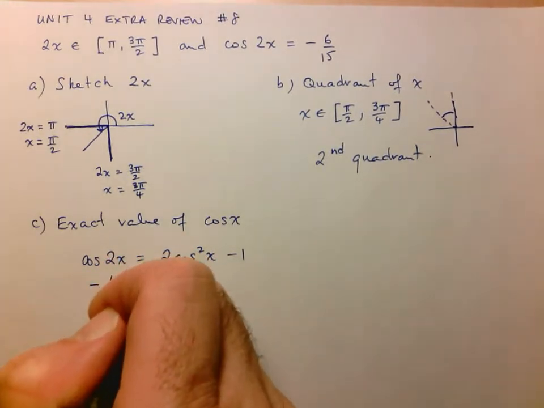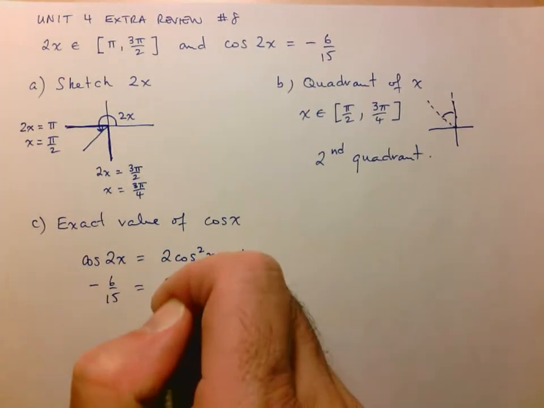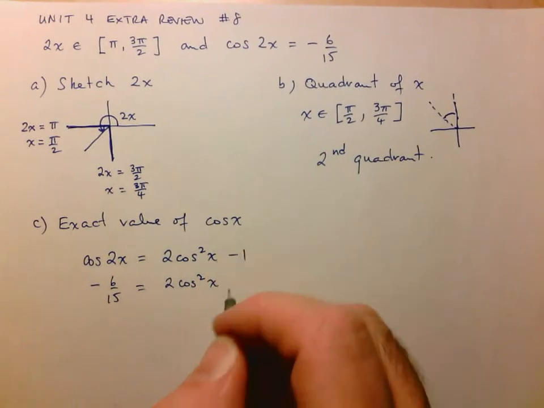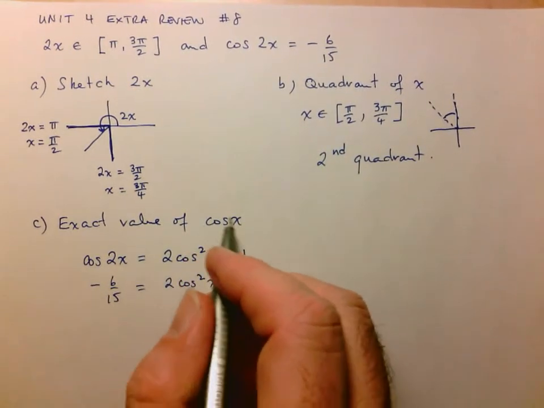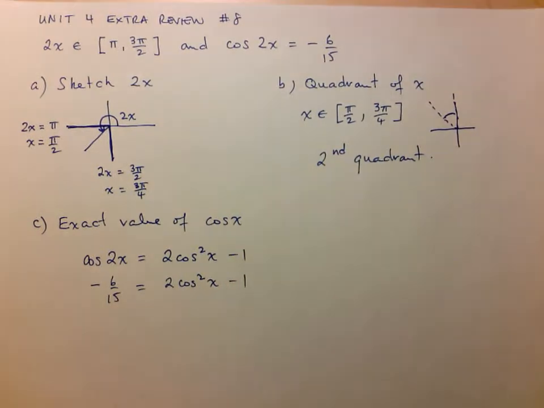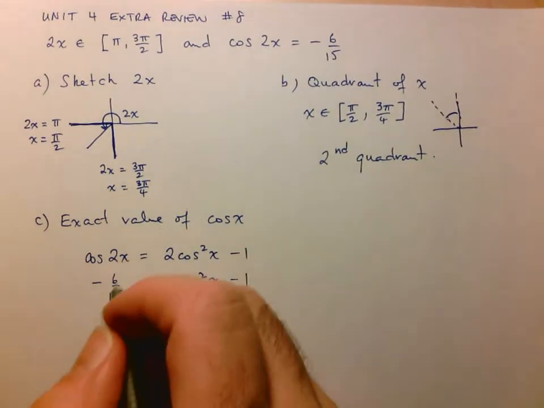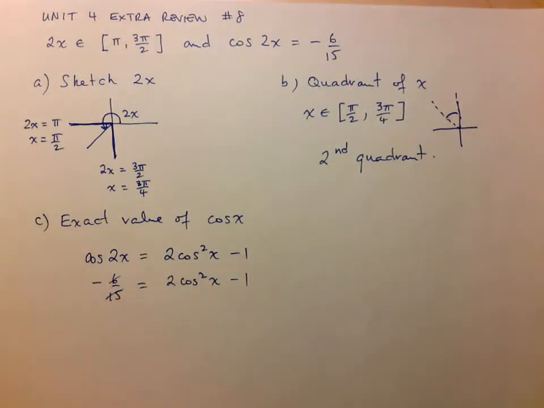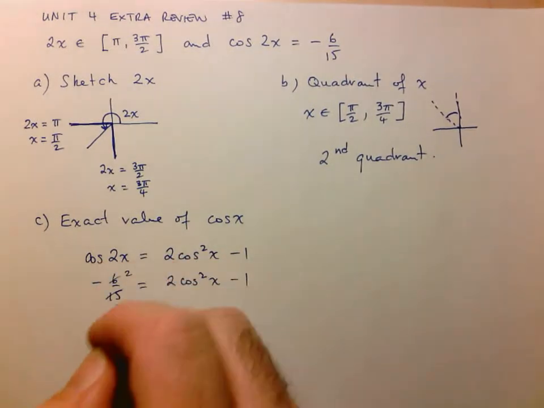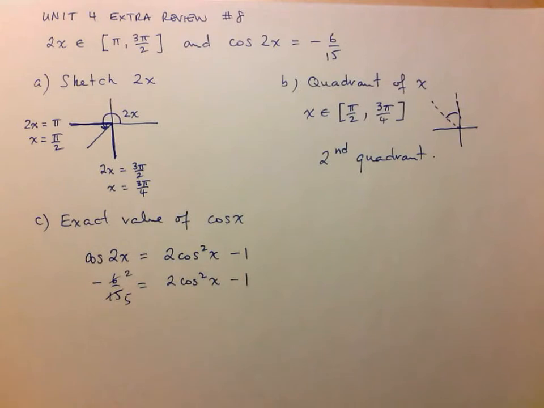It's negative 6 over 15. So the only thing I have left that's variable is this angle x. In fact, I only need to find cos x, so I'm going to isolate cos x. So let's solve. First, before I go any further, let's simplify this. Divide numerator and denominator by 3, so we've got negative 2 over 5.